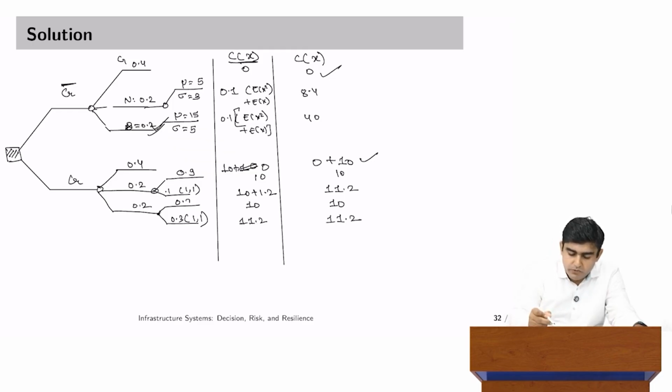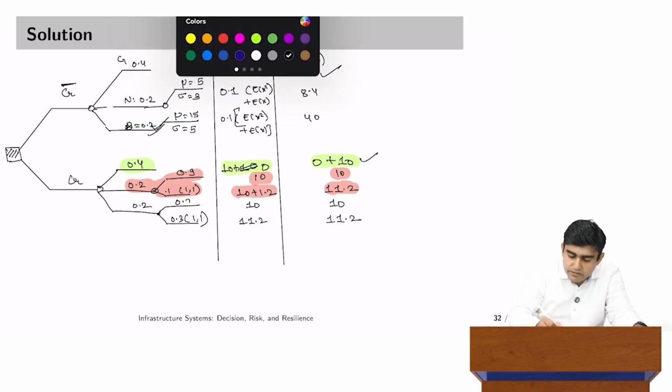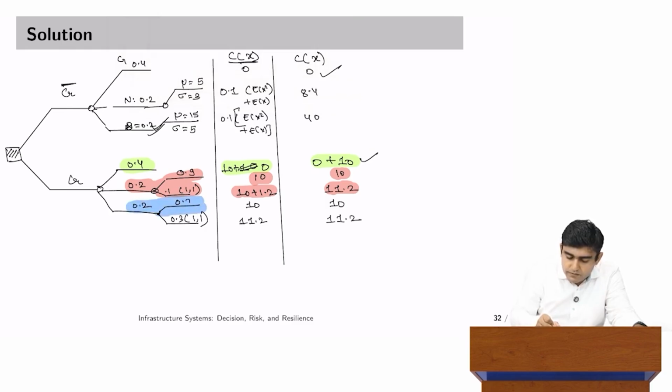To make it convenient to understand, I will color all these things with their respective identifiers. So, here all the values correspond to the middle branch, and all the values that I am showing in some other color, let us say I pick up blue, I show it here, that is coming in this particular color, because I have to multiply with their probabilities also.